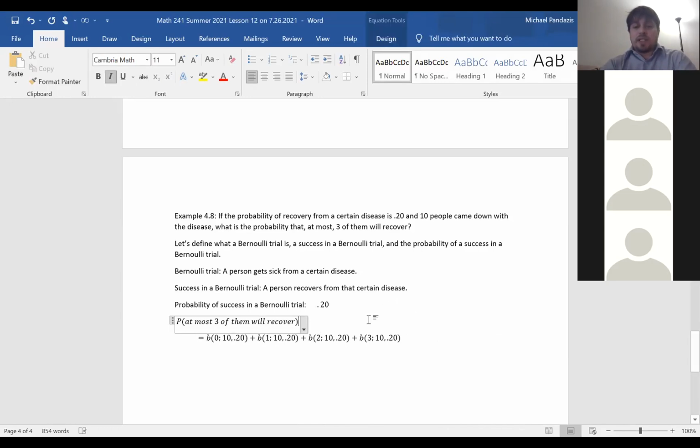Okay, so I'm going to write here in words what that notation is saying. This is the probability that exactly 1 recovers, plus the probability that 2 recover, plus the probability that 3 recover.